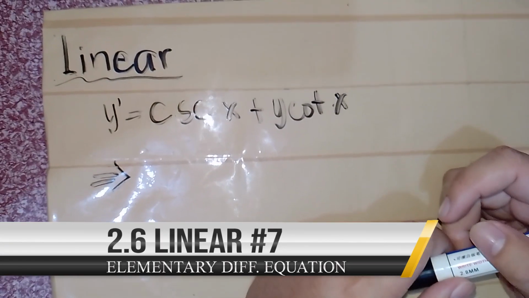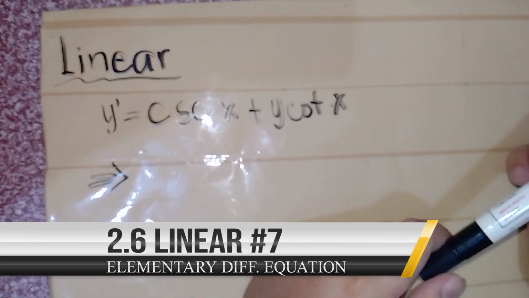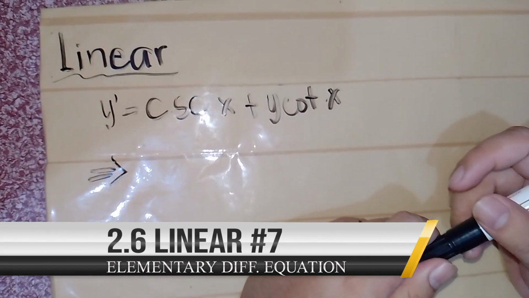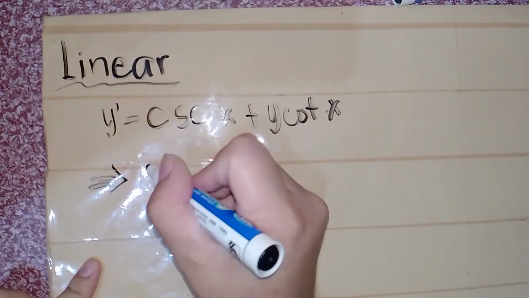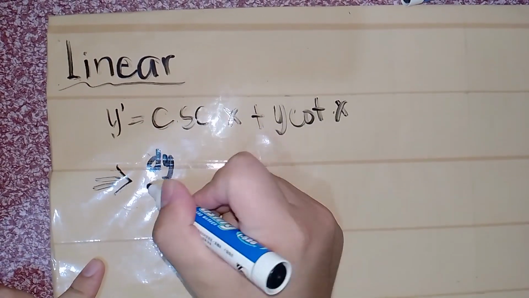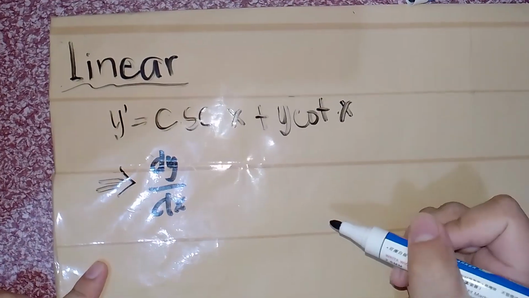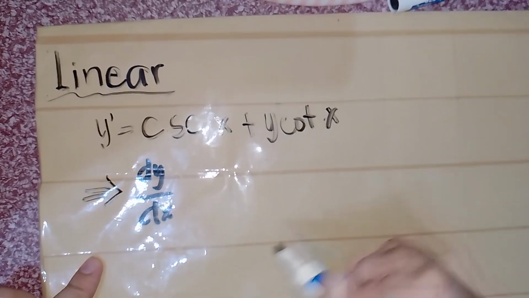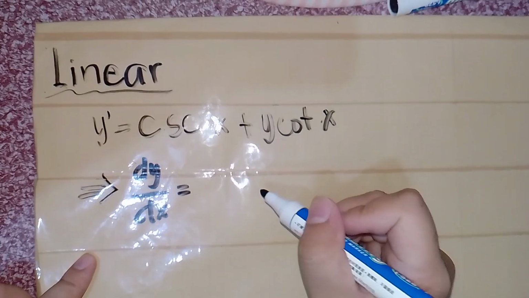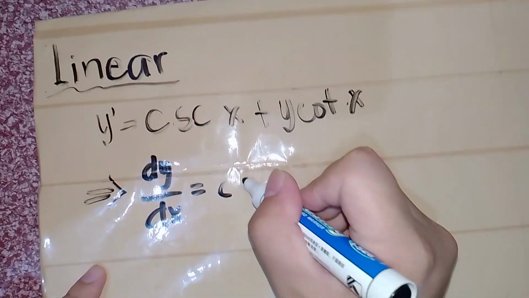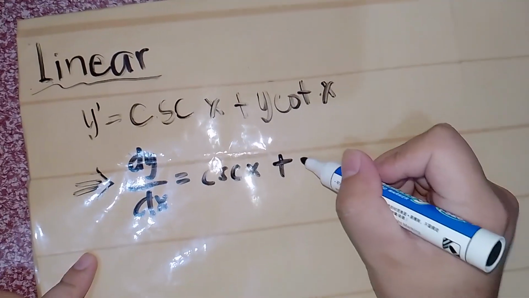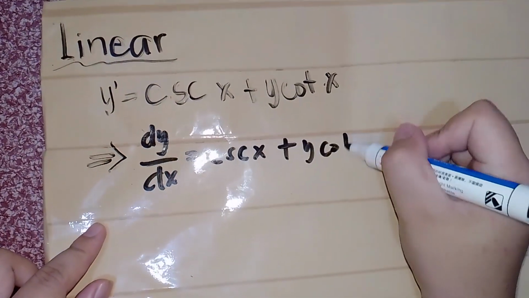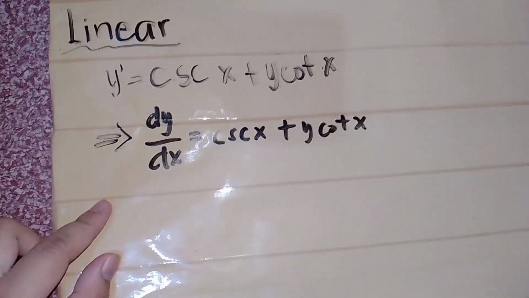And for our second example of a linear equation, we have y prime is equal to cosecant x plus y cotangent x. Now y prime is dy over dx, right? And it is equal to cosecant x plus y cotangent x.